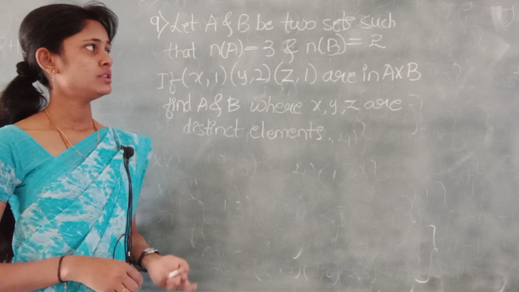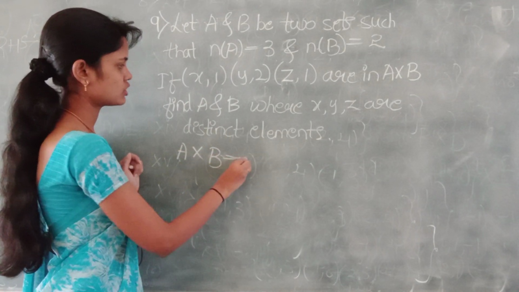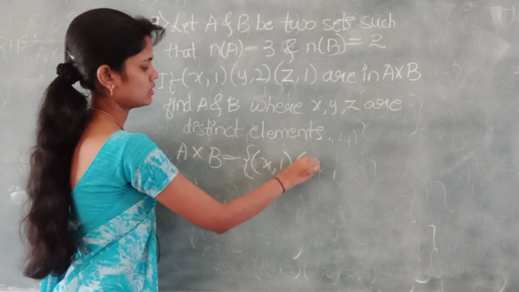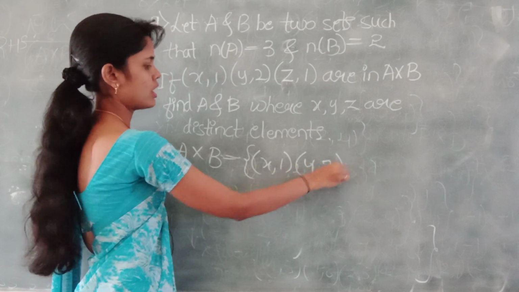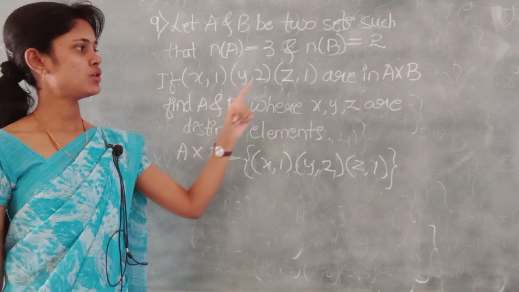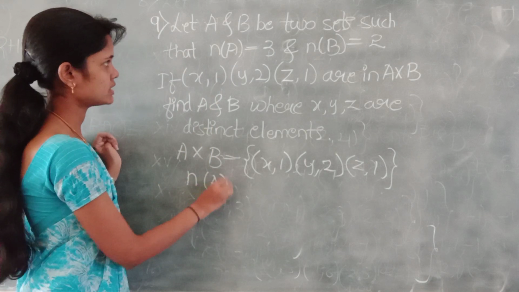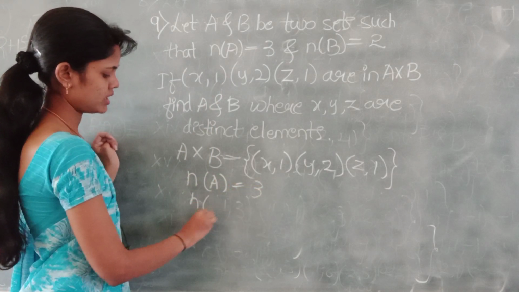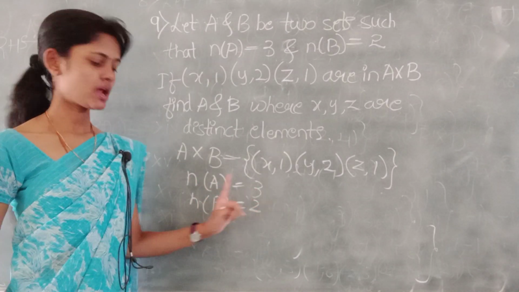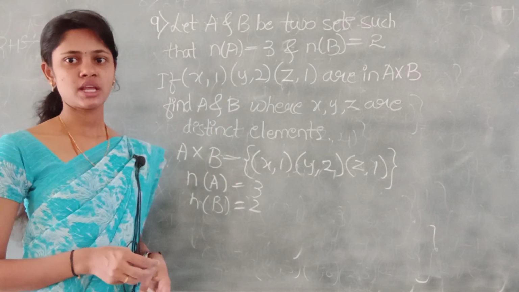So here they have given A cross B as these ordered pairs (x,1), (y,2) and (z,1), and they asked us to find A and B. They also gave that n(A) is 3 and n(B) is 2. That is, the number of elements in A is 3 and in B is 2. Therefore, you have to find the sets A and B here.